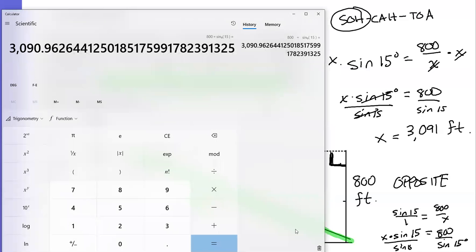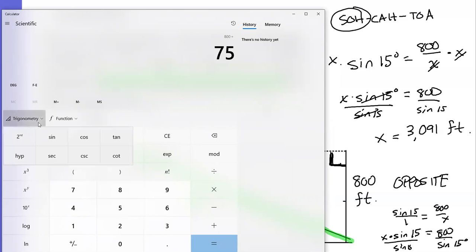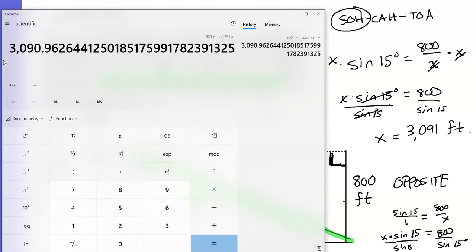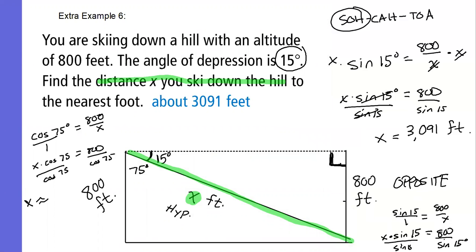So let's take a look at that. Let's clear this out. We're doing 800 divided by 75 cosine, and then we hit equals, and there it is. There's that 3091 feet. And there you have it.